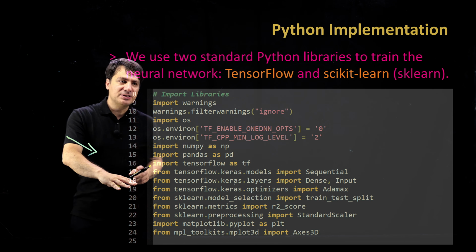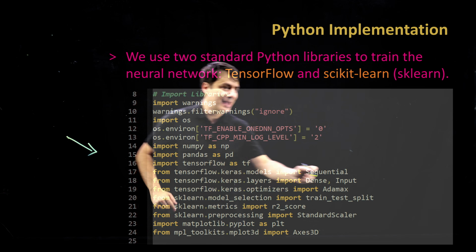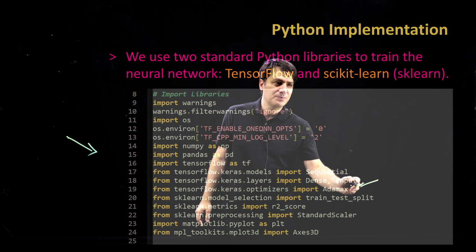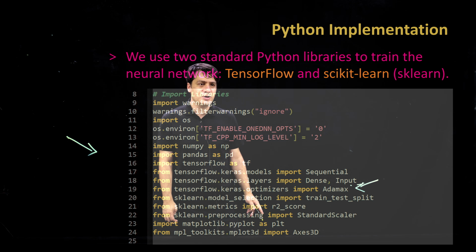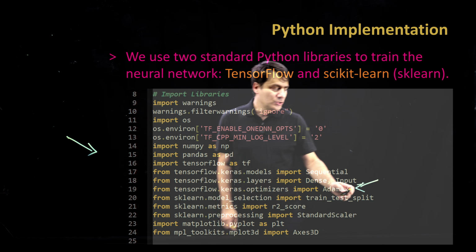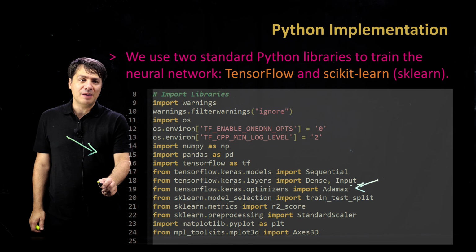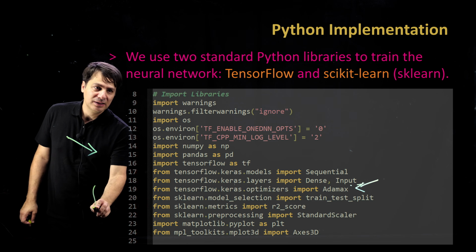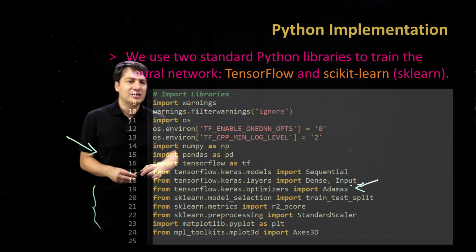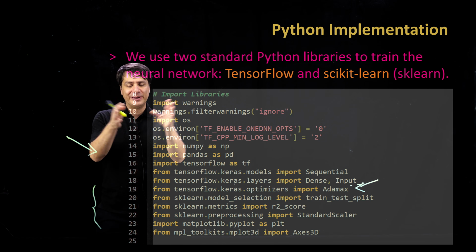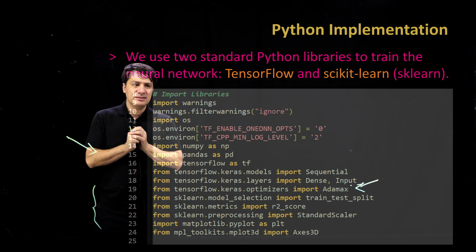We're going to use a specific optimizer, Adamax, an optimization algorithm to train the neural network. We are going to use some components under scikit-learn to do some of the calculations of training, like splitting the data or scaling the data. And then we're going to plot the data at the end.